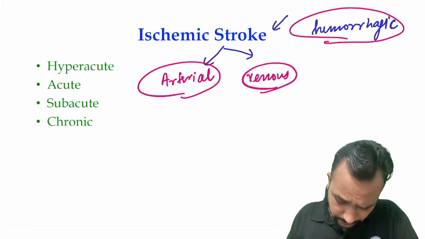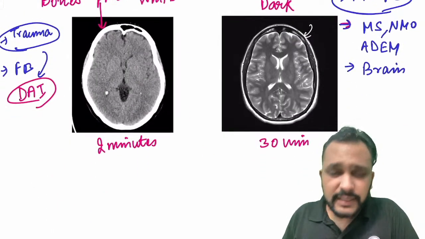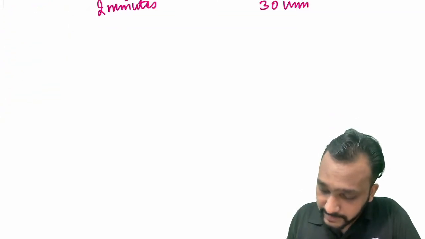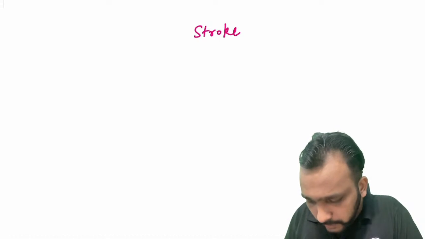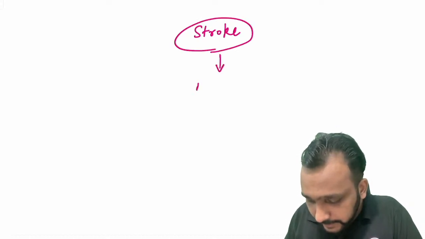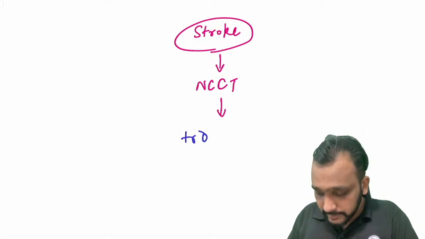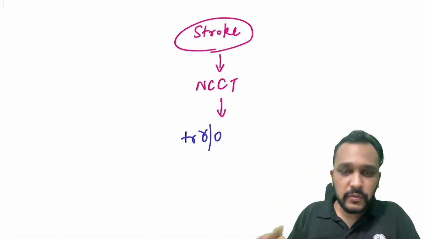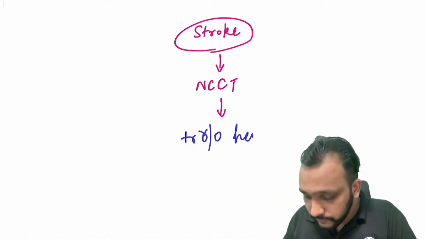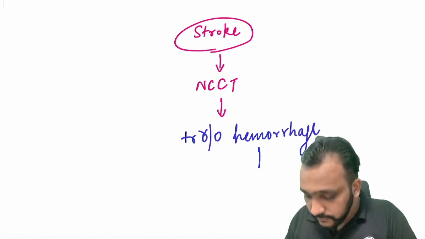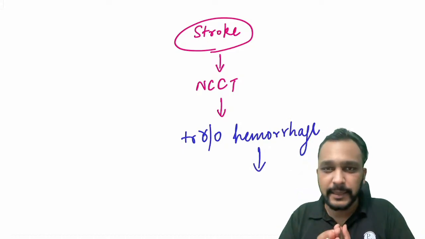So now what is the significance of doing NCCT head in patients with history of stroke? Okay, what is the importance of doing NCCT head? So guys, NCCT head is done to rule out any hemorrhage, because we all know that if there is any patient of infarct, we go for thrombolytic drugs like alteplase.